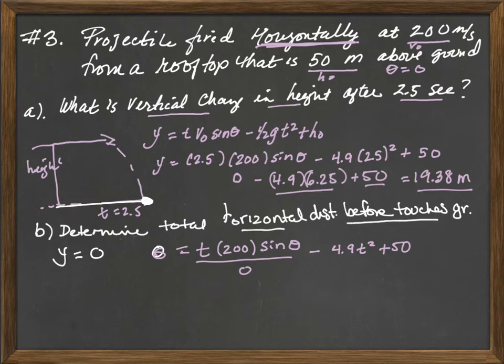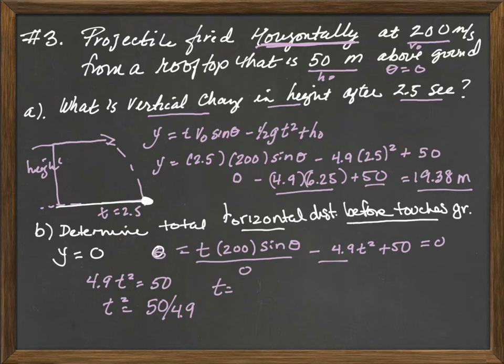Let's see what we can do with that. We have that equal to 0, so we get 4.9 t squared equals 50. As we had a negative here, if we put that negative 4.9 on the other side, t squared equals 50 over 4.9.